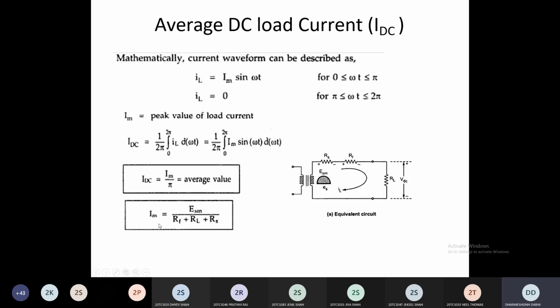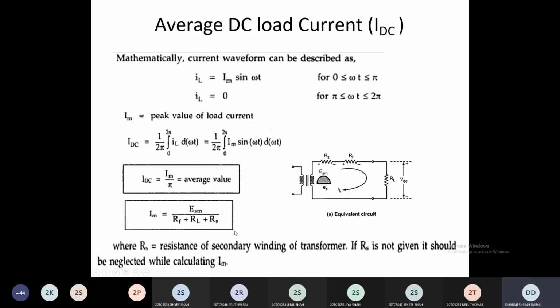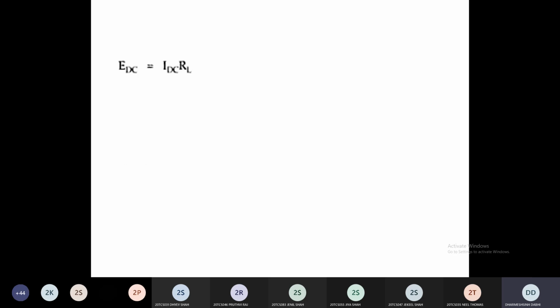If you know the maximum supply voltage, suppose 230 volt, and the values of these 3 resistances, you can calculate the maximum load current. As I told you, Rs is the resistance of the secondary winding, and if it is not given in the example, you can assume it is 0 or neglect it, because it is very small.